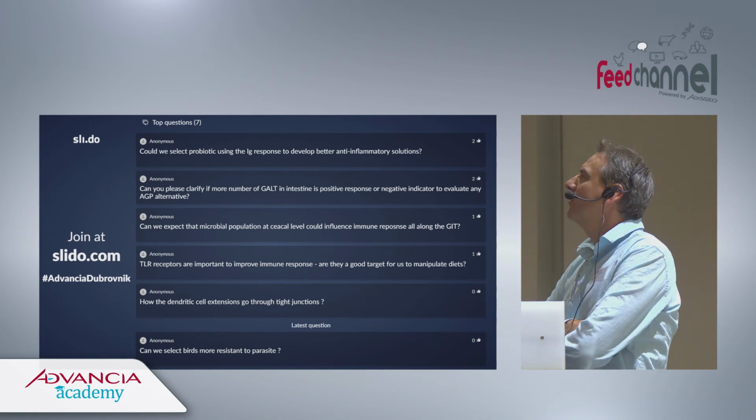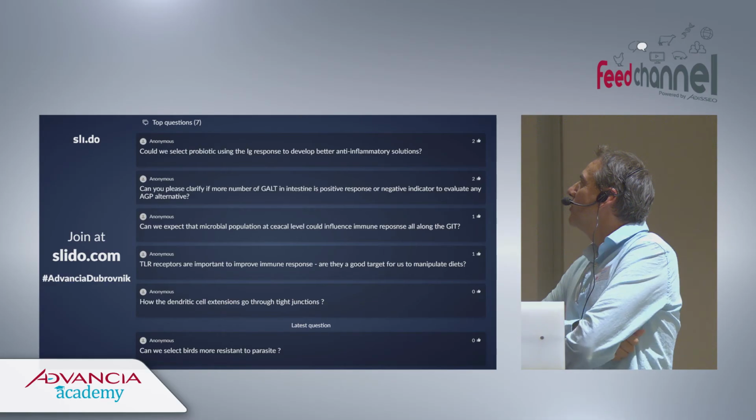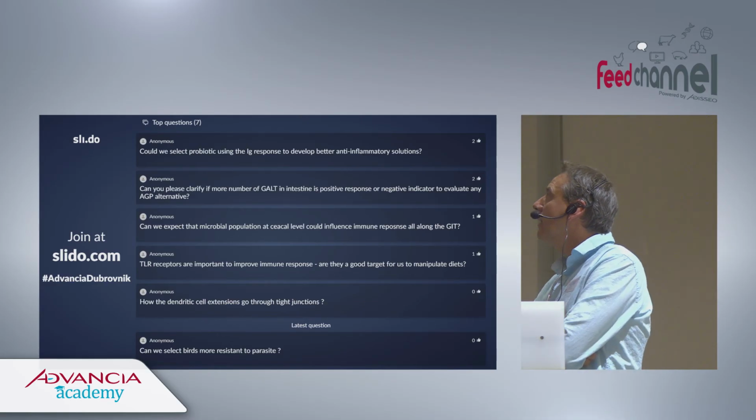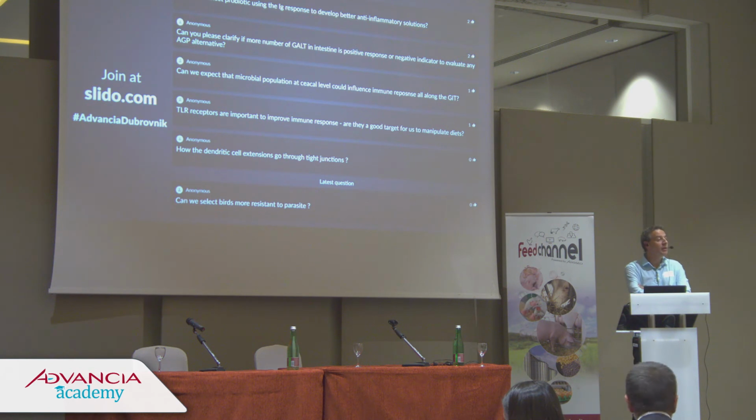Are toll-like receptors important to improve immune response? Are they a good target for us to manipulate through diet? I think we can, but we need to know that these toll-like receptors are tightly regulated in the intestinal mucosa. As soon as the microflora come, it depends on which toll-like receptor we are talking about.